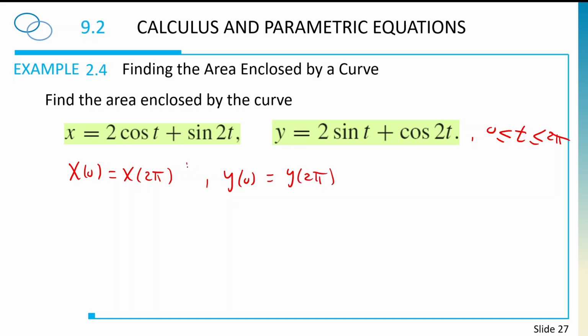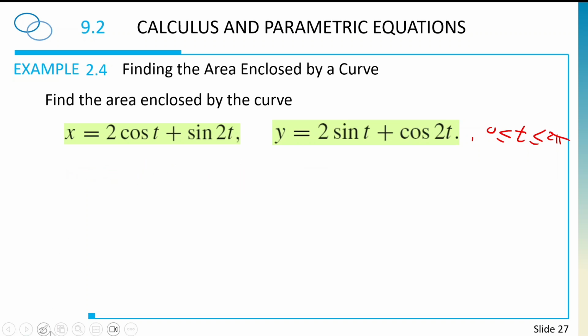If you check these two, you'll find that they are equal to each other, which means that there's no overlap. So the graph would be a closed curve from 0 to 2 pi, and there's no overlap.